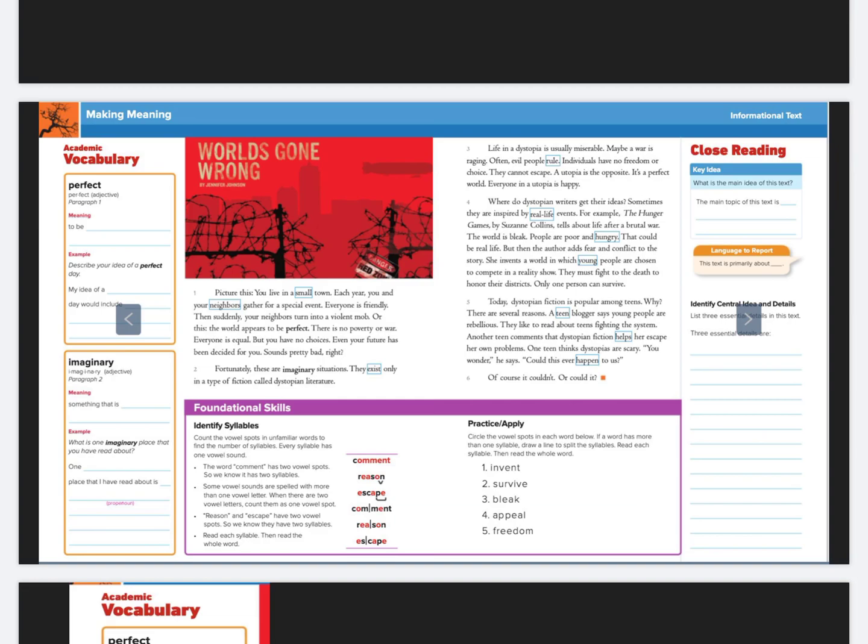Today we are looking at the informational text all about dystopia literature. And we're going to be looking for the important characteristics about dystopian literature. But first we're going to start with our 2 new vocabulary words up on the left-hand side. Our first word is perfect, and it means to be without flaws or defects.